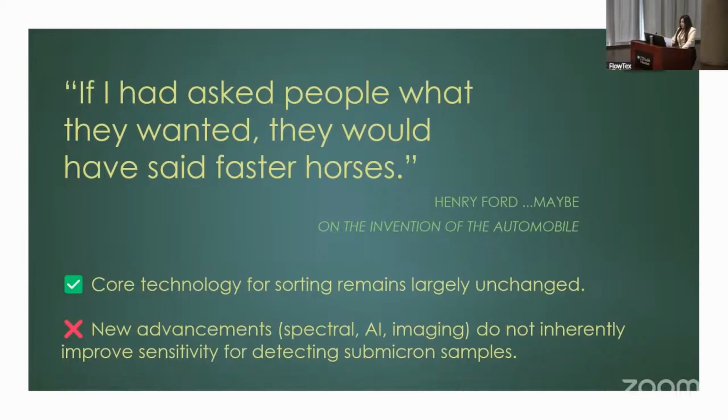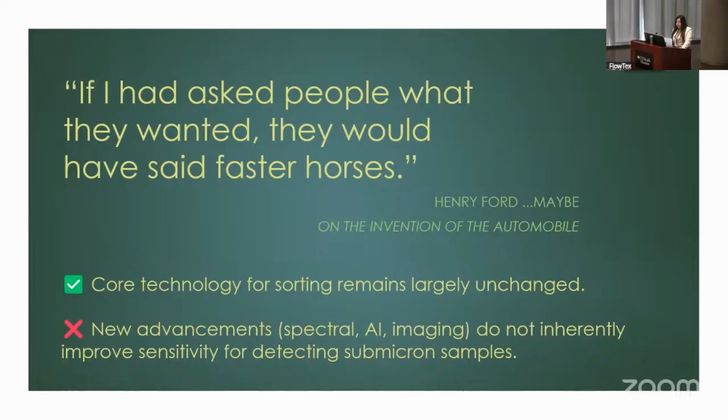That's just not the nature of spectral technology. And while software tools can offer insights into the instrument sensitivity, the stochastic nature of submicron particle detection limits their reliability. And on a micro level, SRL researchers, individual labs, and independent scientists are also building faster horses. You have to work with whatever is on the market or whatever is in the lab and work within those constraints to deliver results.